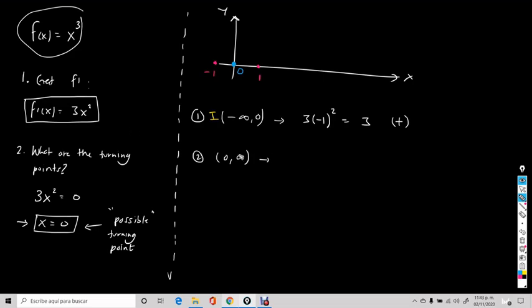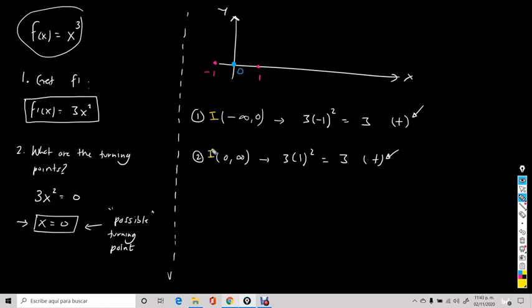I evaluate at my chosen value, 1. So I get 3 times 1 squared, which is also 3, and it's also positive. This is what I care about, the signs. The conclusion is that over the interval from 0 to plus infinity, my function is always increasing. So how come?